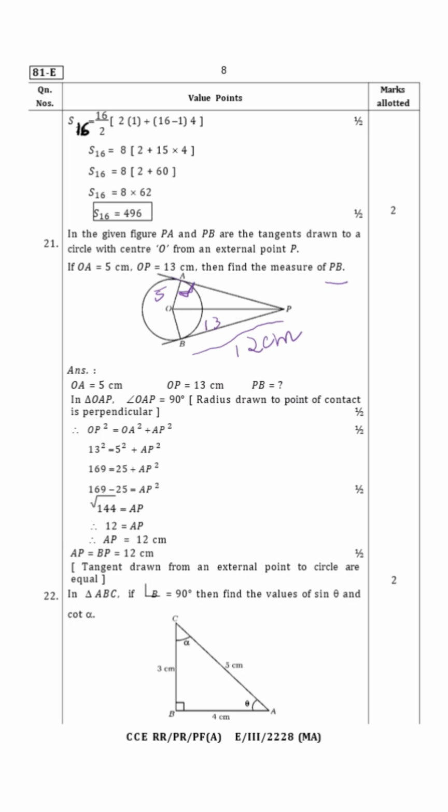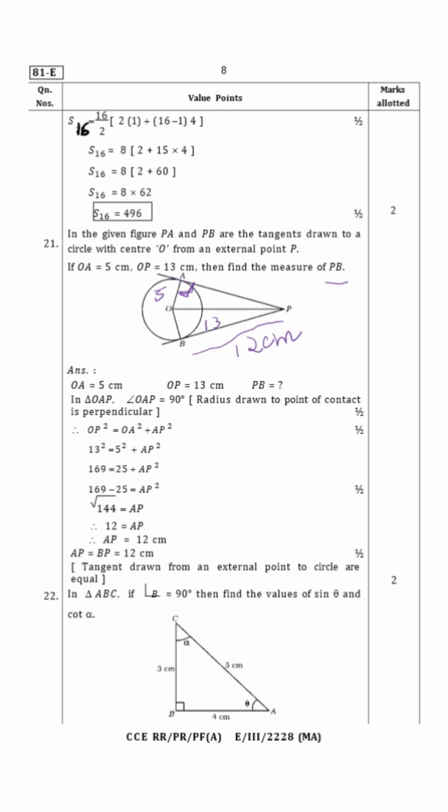In triangle ABC, if angle B is 90 degree, find the values of sin theta and cot alpha. This question is taken from the chapter trigonometry. This question has appeared in almost every question paper that we were solving, isn't it?